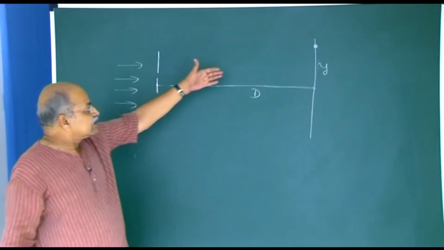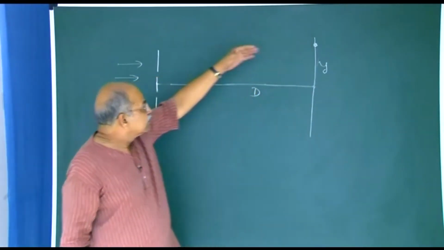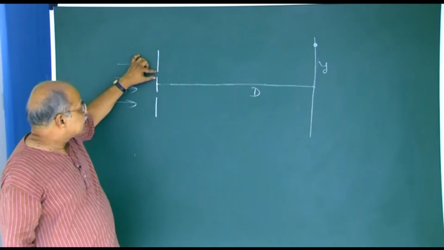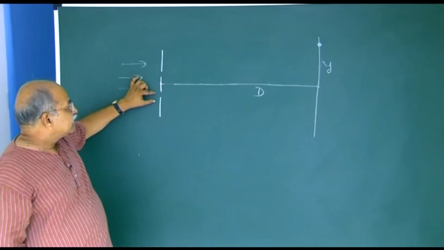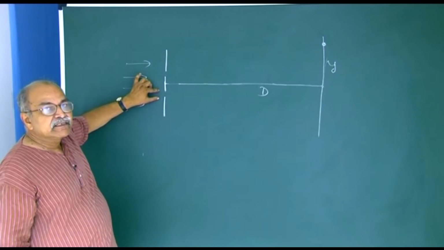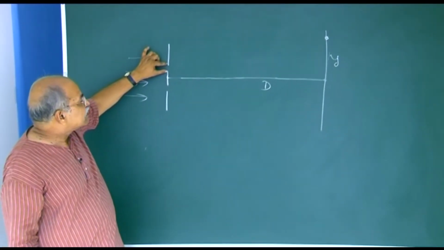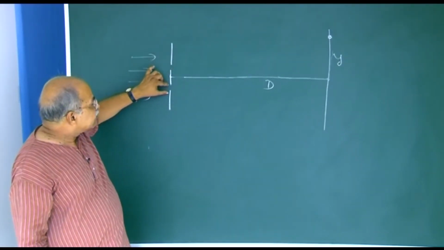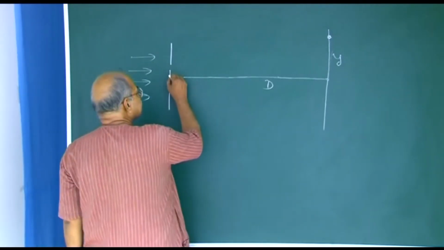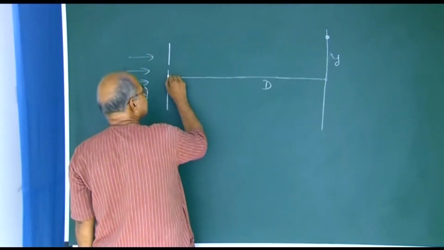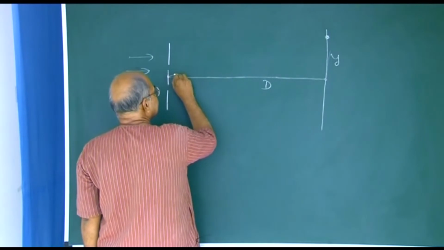Light reaches this point from the first slit and also from the second slit. How much intensity comes from the first slit and second slit, that depends on this width of the slit and then the angles.